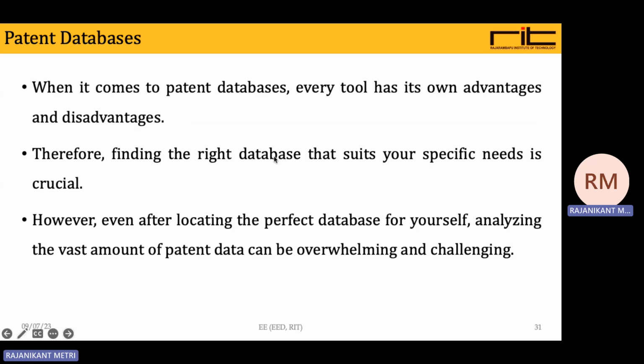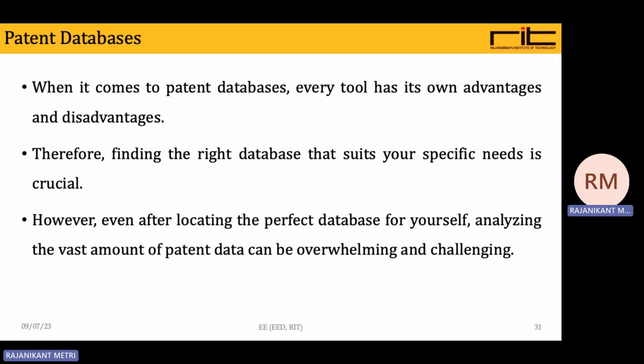When it comes to patent databases, every tool has its own advantages, disadvantages, limitations and functions. Therefore, finding the right database that suits your specific need is important. While you are doing this exhaustive search, you need to identify which database suits your invention more.